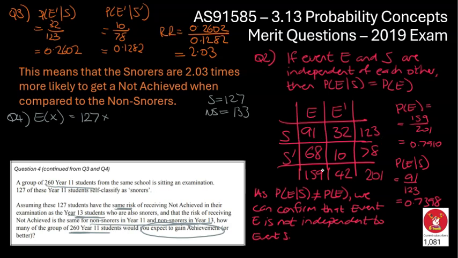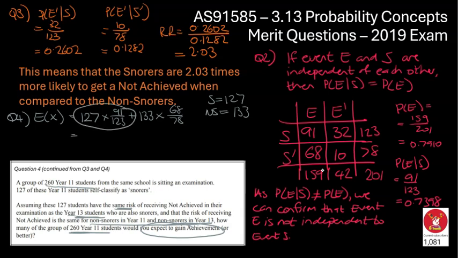So I need to go 127 times 91 divided by 123, because that's the probability of a snorer getting achieved or better in the exam. I now need to repeat this. I need to go plus 133 times. So this is the non-snorers now. The probability of a non-snorer passing the exam was these 68 out of the 78. So we're then going to go 68 over 78.